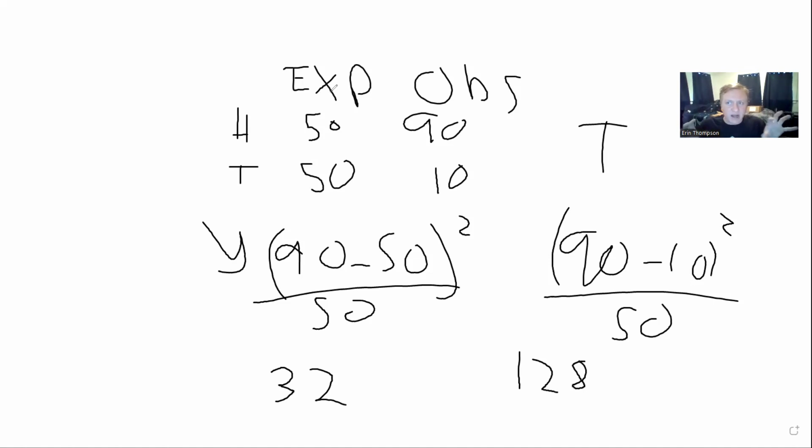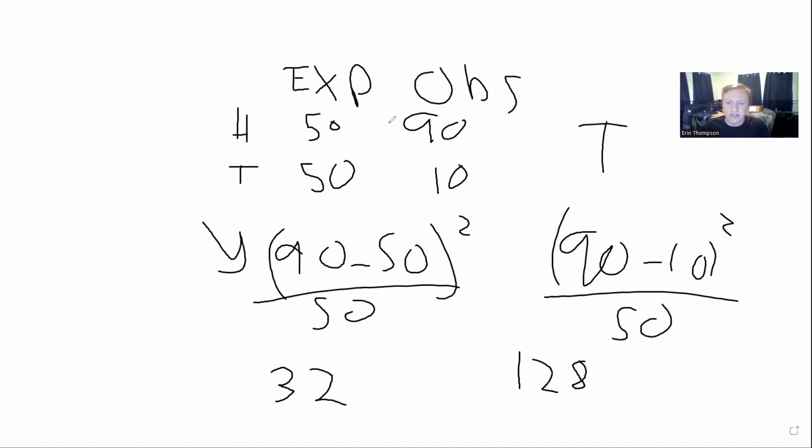So our values are huge, right? If your observed values are very, very different from your expected values, your chi-square number is really big. And the further away your observed values get from your expected values, the bigger and bigger your chi-square value becomes.